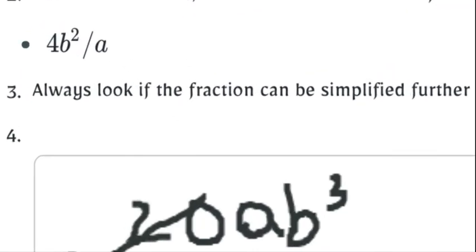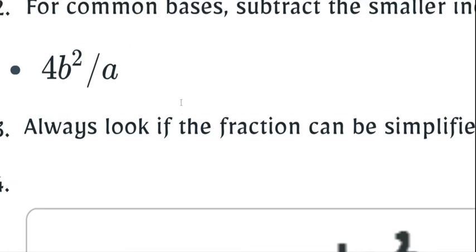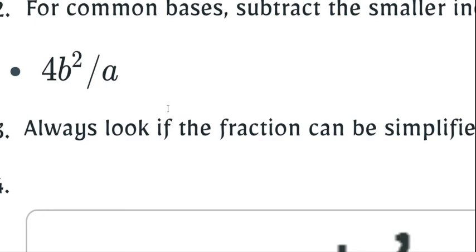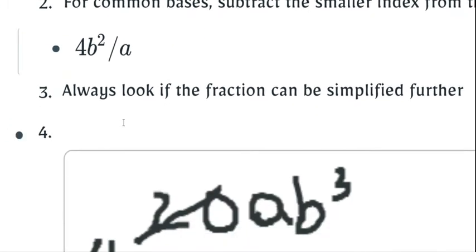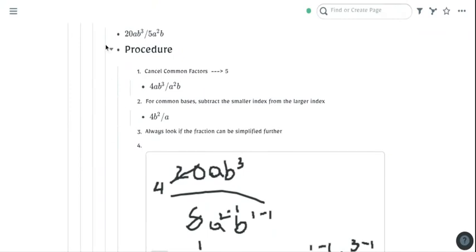In other words, do we have anything in common in the numerator and the denominator? No, sir. We don't have a 4 in the denominator or any multiples of 4, and we don't have any B's in the denominator. So therefore, this answer is correct because we cannot simplify it. Everybody with me? So that's the procedure. Let's do one more example.